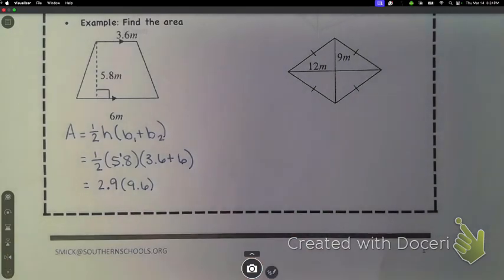So you multiply 2.9 times 9.6, and I'll multiply it, and we better get the same thing, right? Okay.